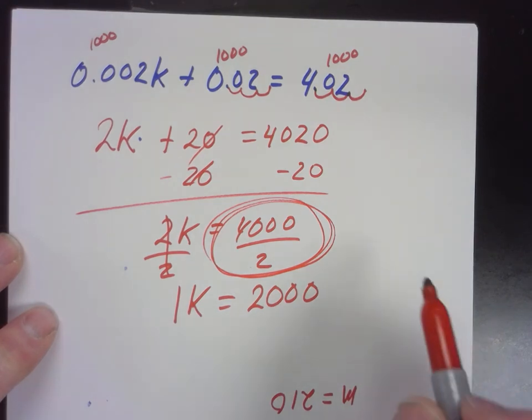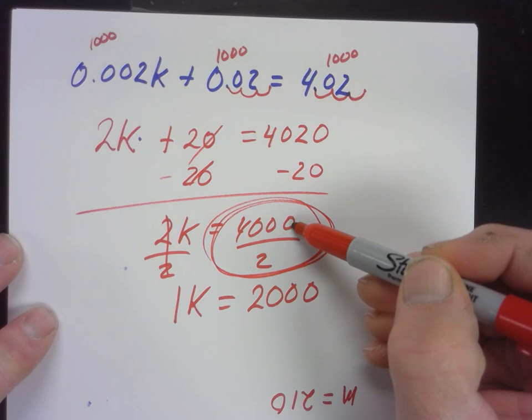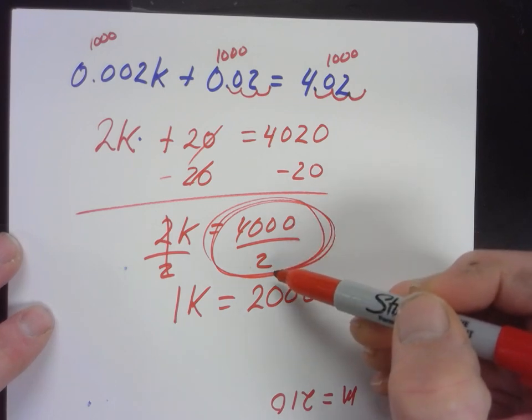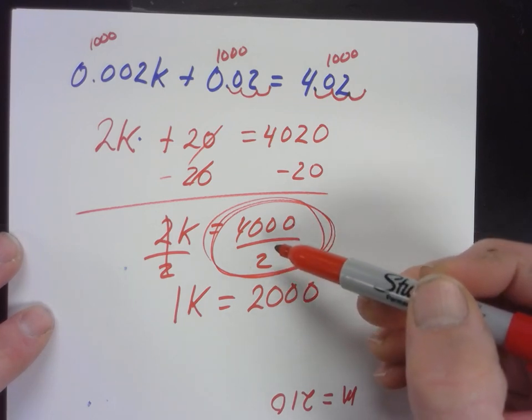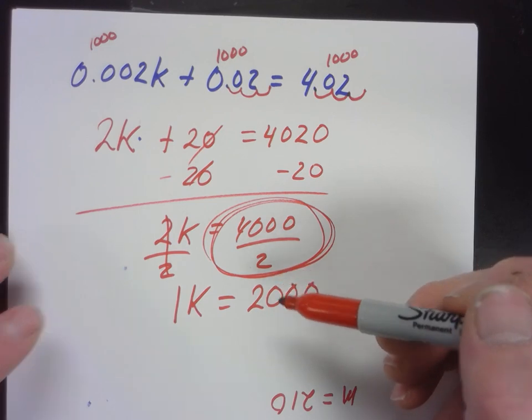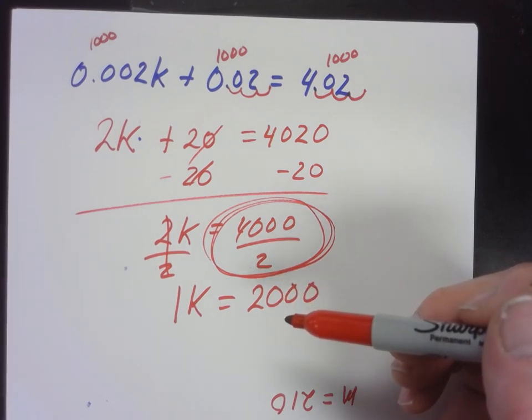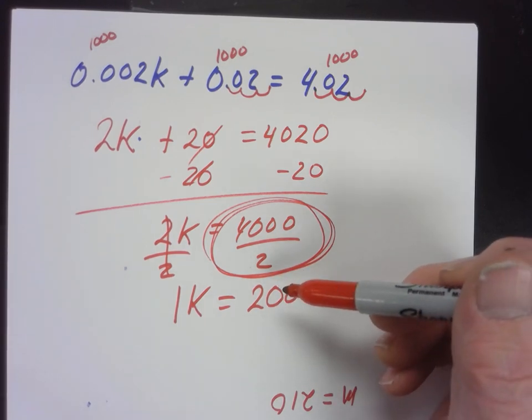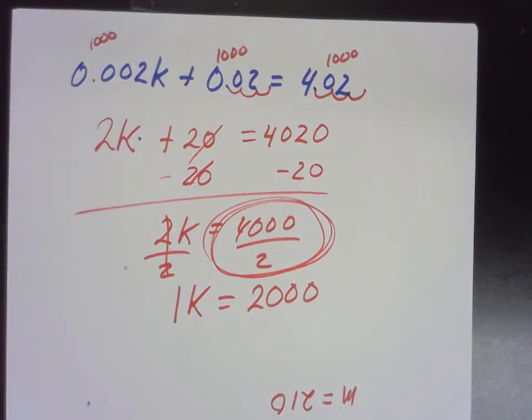But if I see you using the calculator to divide 4,000 by 2, I'm probably going to blow a gasket or something. You know that vein in my forehead that pops out when I go crazy sometimes? Don't do that. Just use it when you have to. If you still feel like you're horrible at fractions, use a calculator to help yourself out, okay? But try to keep it as minimal as possible.